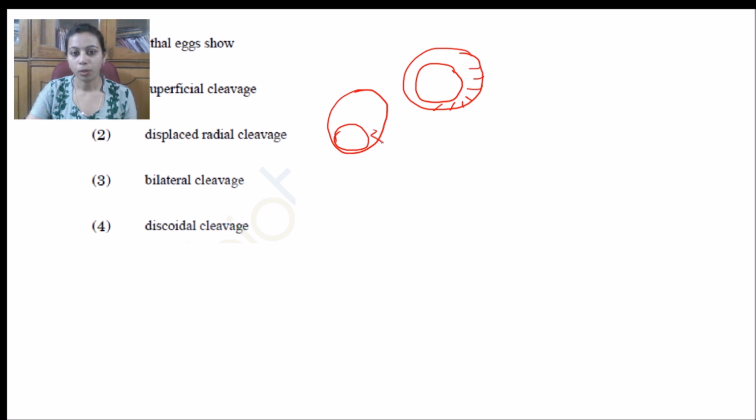As the amount of yolk is less and it is situated toward a particular side of the egg, then definitely, because of the less amount of yolk, the cleavage will be holoblastic and the bilateral cleavage will take place. So in this way you need to decide which type of cleavage will take place on the basis of distribution of yolk, and such types of questions may be asked in part C.